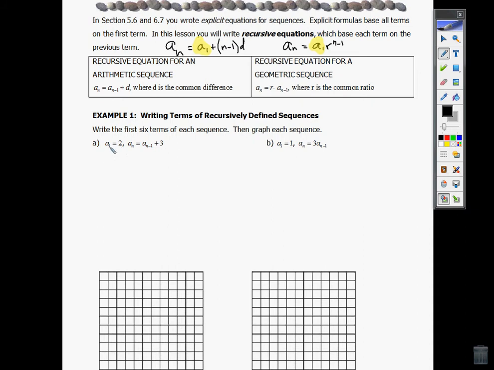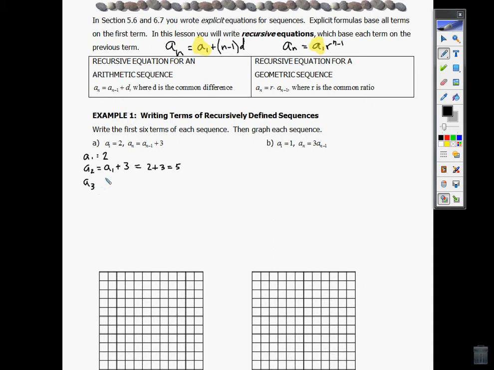So what this has here is our first term of 2, and then after that, any term that comes after it, like let's say I want a sub 2, this is a sub 1, I want the next term, a sub 2 is going to equal a sub n minus 1, so if n here is a 2, that's going to be a sub 1 plus a common difference of 3. So that means 2 plus 3 equals 5.